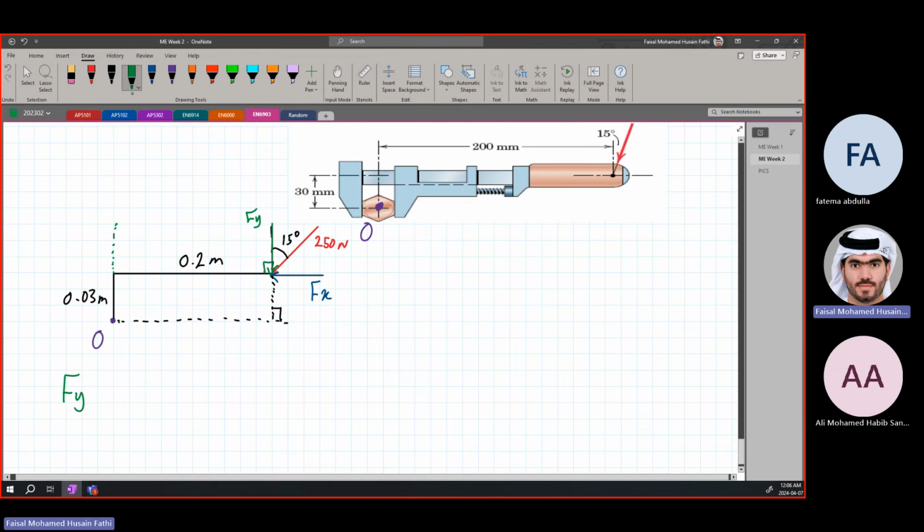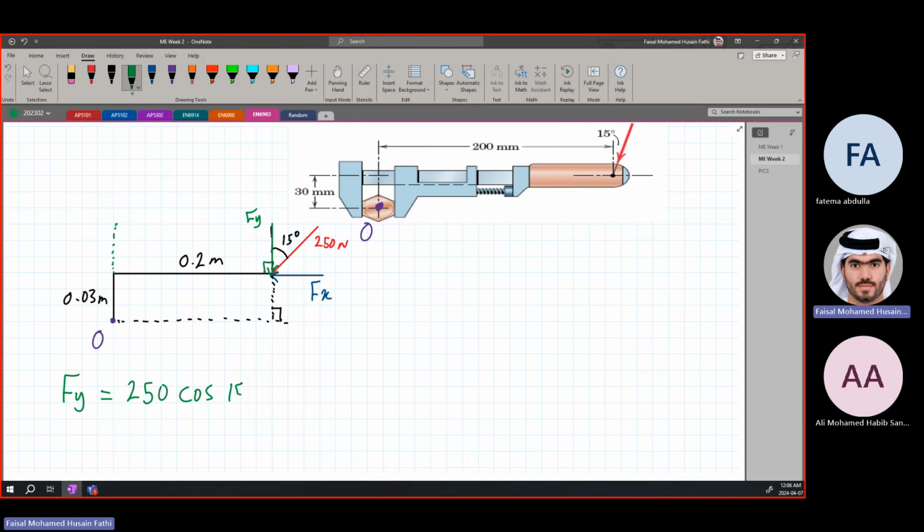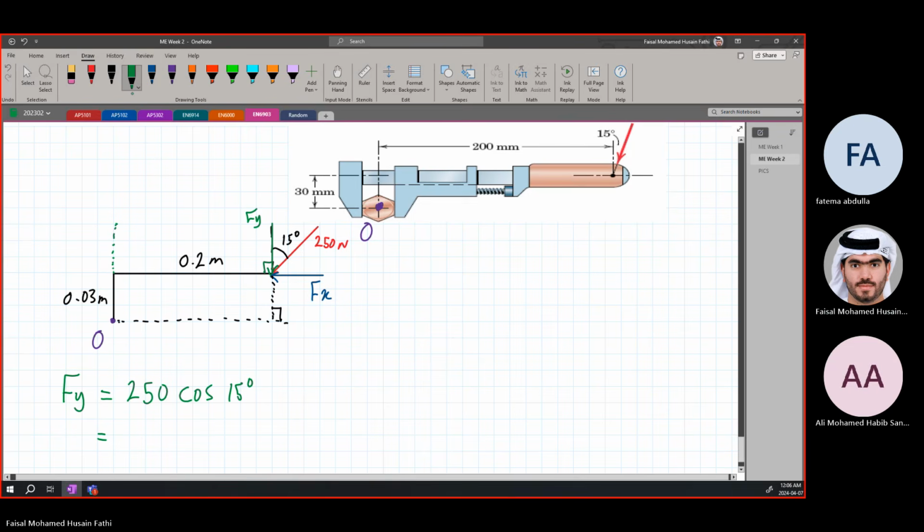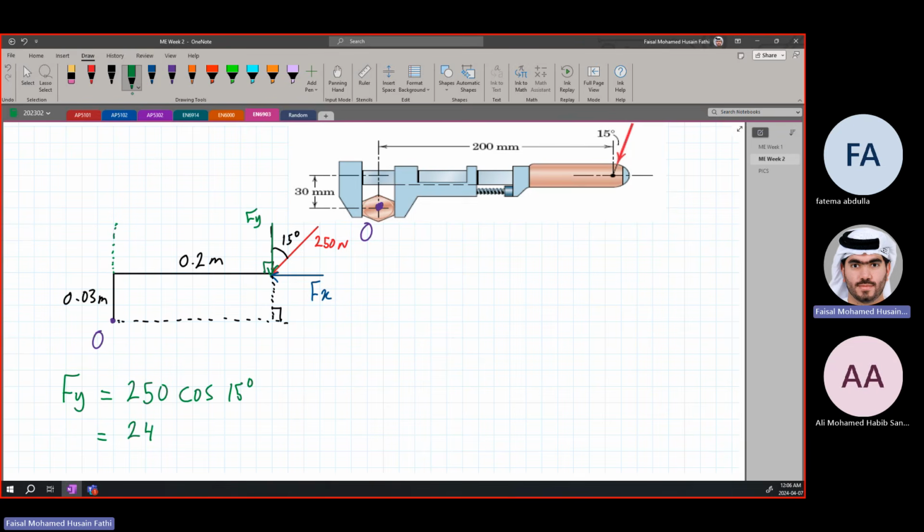So first, let's find Fy. The force Fy is equal to F, which is 250 newtons. 15 degrees is adjacent, so it's cosine 15 degrees, which is equal to 250 cosine 15, which is 241.48 newtons.